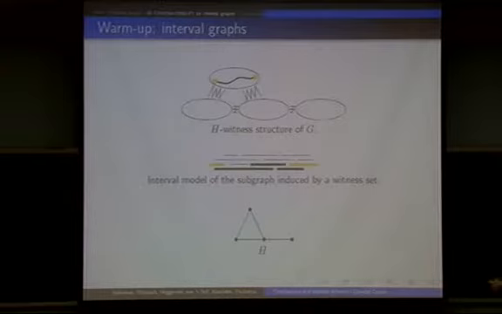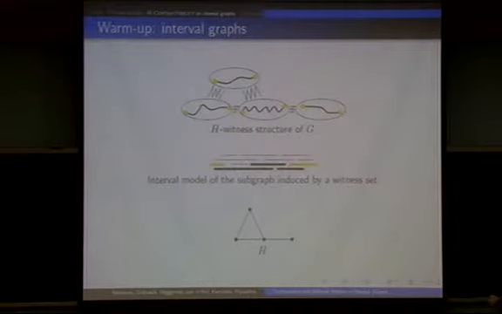So all the black vertices here lie completely between the yellow vertices, which are the leftmost and rightmost intervals. This holds for every witness set. And as I said, the witness structure is a partition of the vertex set of G, so every vertex belongs to exactly one witness set.